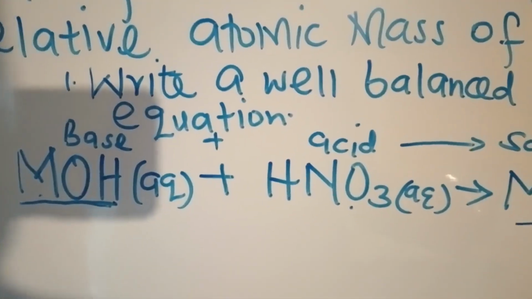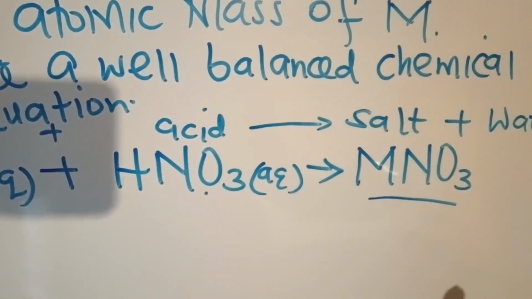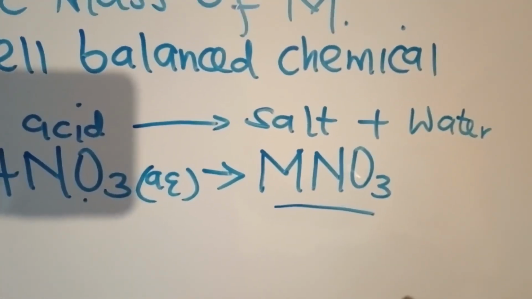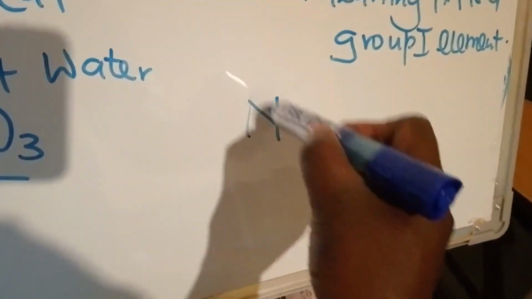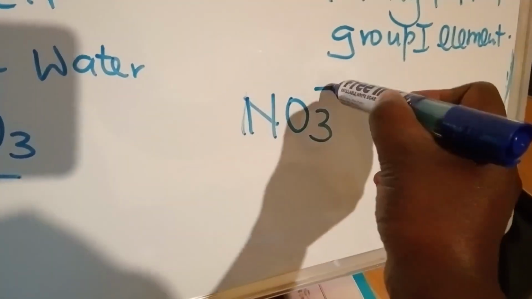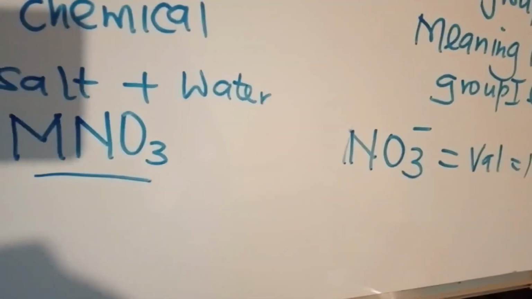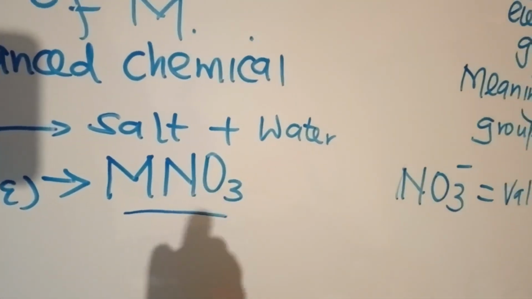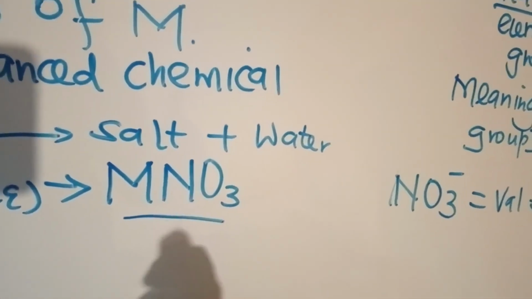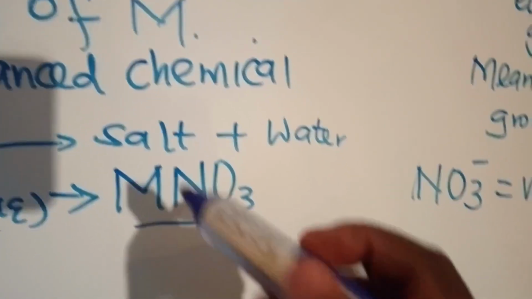this equation, MOH plus nitric 5 acid, we're able to get the salt, which is M nitrate, and again nitrate ion also has a valency of 1. So if M has valence 1 and NO3 has valence 1 as well, then the formula of the salt is MNO3.